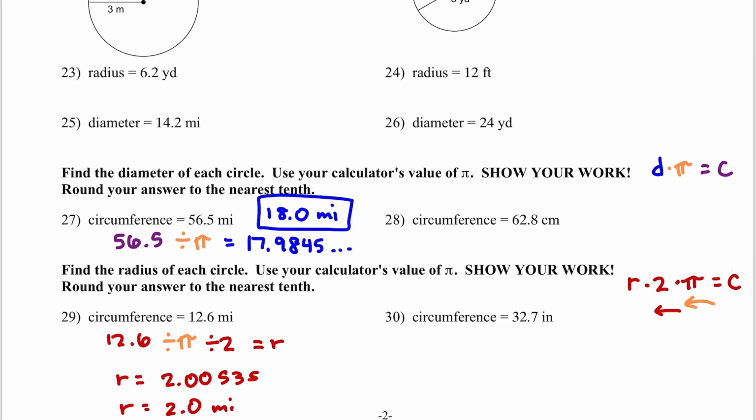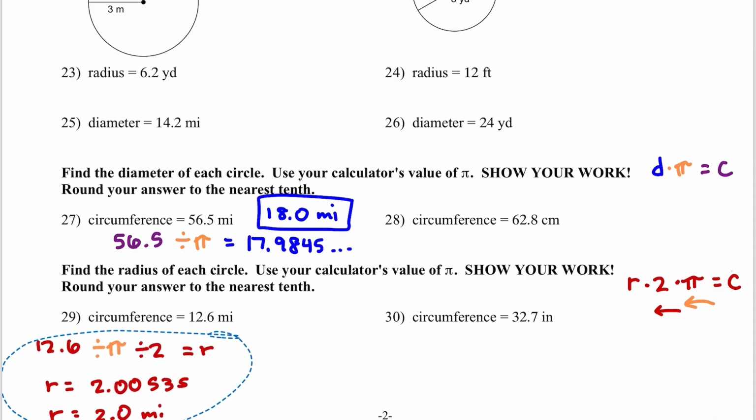Another great way that you can look at a problem like this is again with our formulas. If I were to begin with the formula of radius times 2 times pi is equal to circumference, if I give you the circumference, then that means I can start right here and plug that in. 12.6 is equal to radius times 2 times pi.